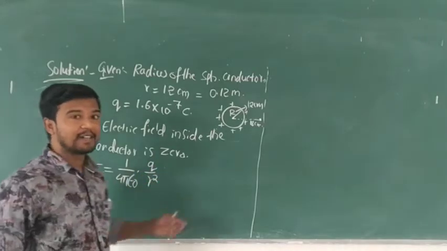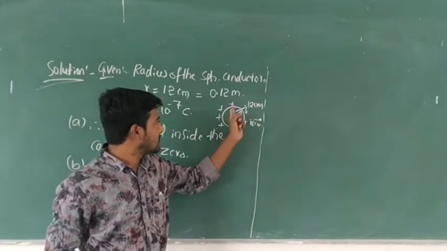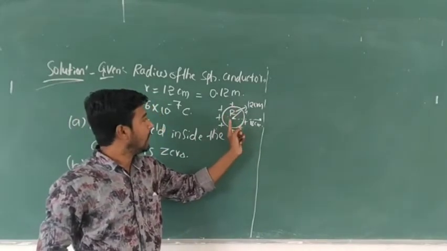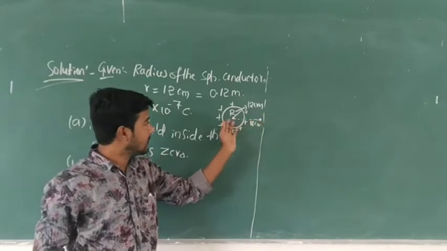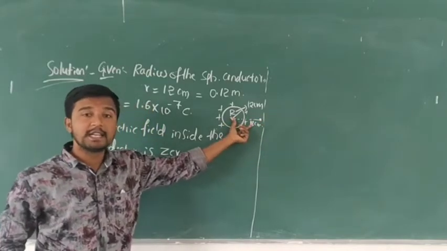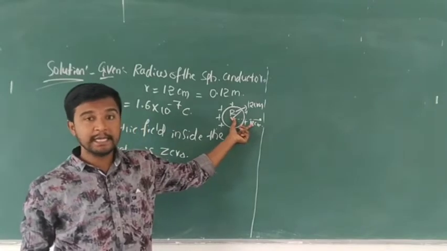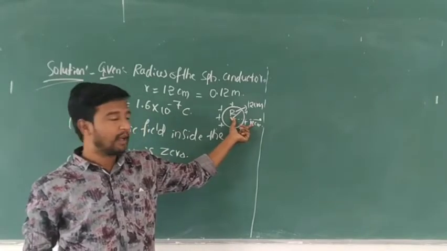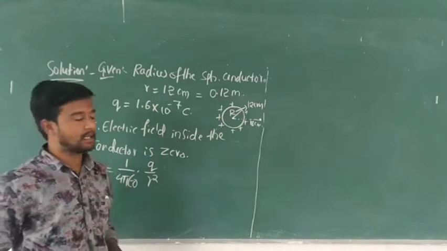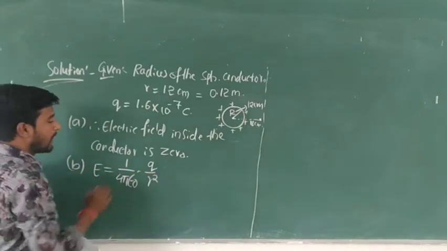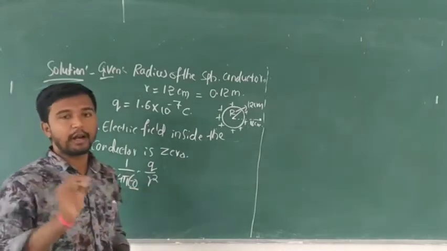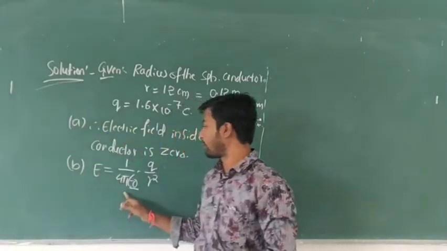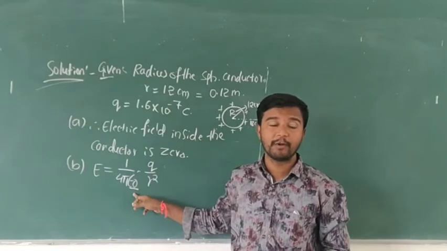From this point, any point outside the sphere, we consider R as the distance. This capital R is the radius. And 1 upon 4 pi epsilon naught has the value 9 into 10 to the power 9.